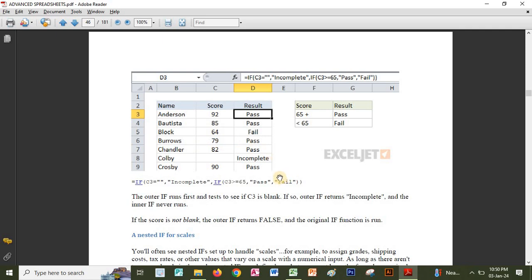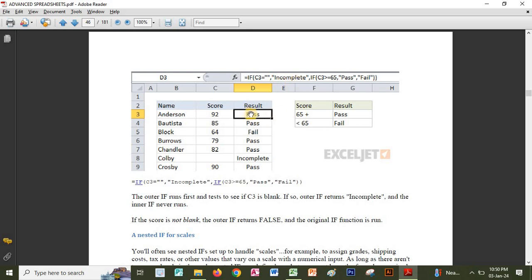I think we can discuss what it has done here. So the IF function is comparing C3, this one. It is comparing whether it is null, whether there is anything in there. If there is nothing in there, it tells you it is incomplete.